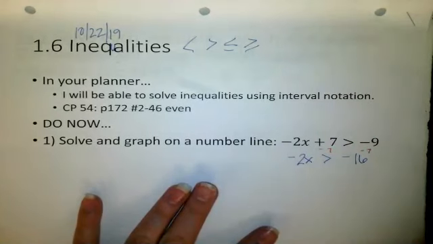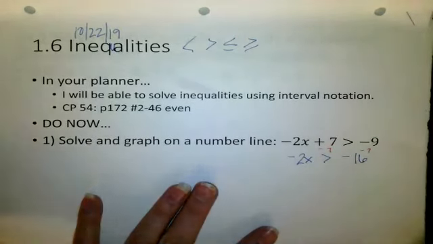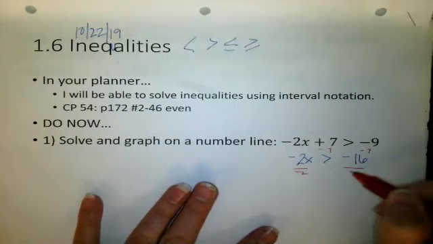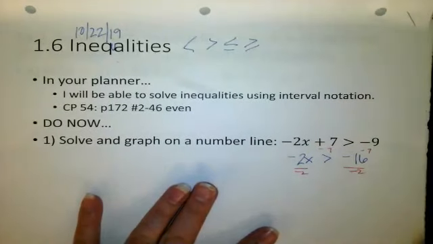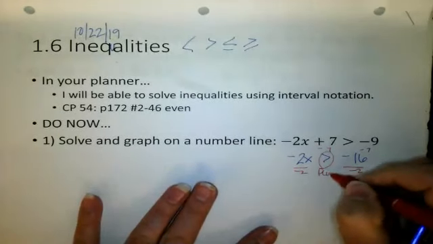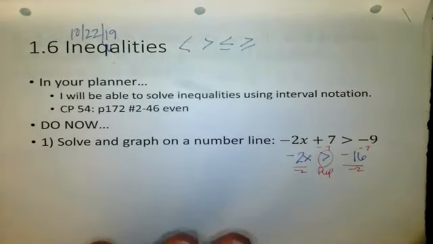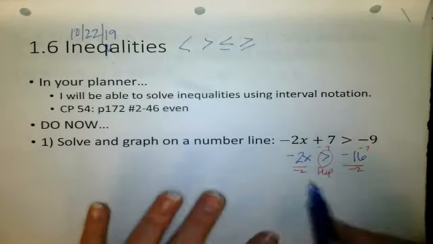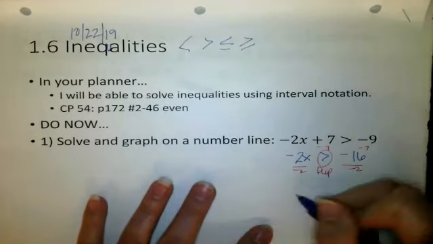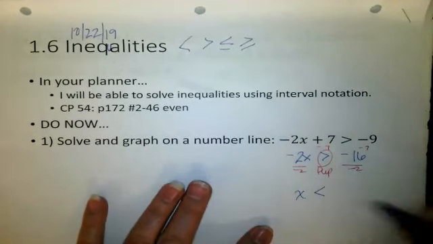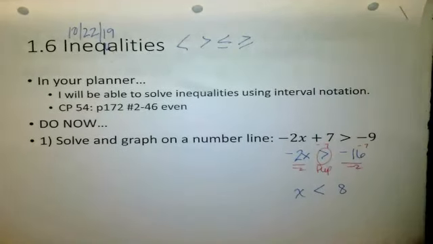If you're dividing by a negative, we're going to divide by negative 2 and divide by negative 2. And what do you have to remember? Flip the inequality symbol. Anytime you multiply or divide by a negative number, you flip the inequality. So we get x is less than positive 8.